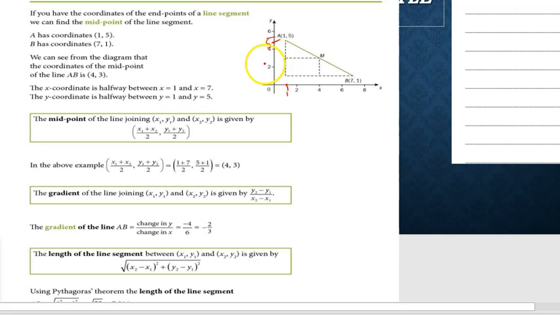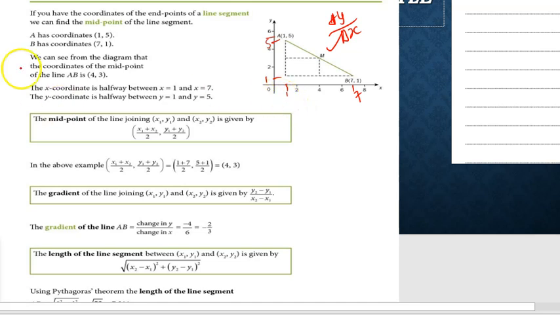And point B, where M represents the gradient, the change in y over change in x. And we have coordinate B as 7, 1 along the y-axis, right?